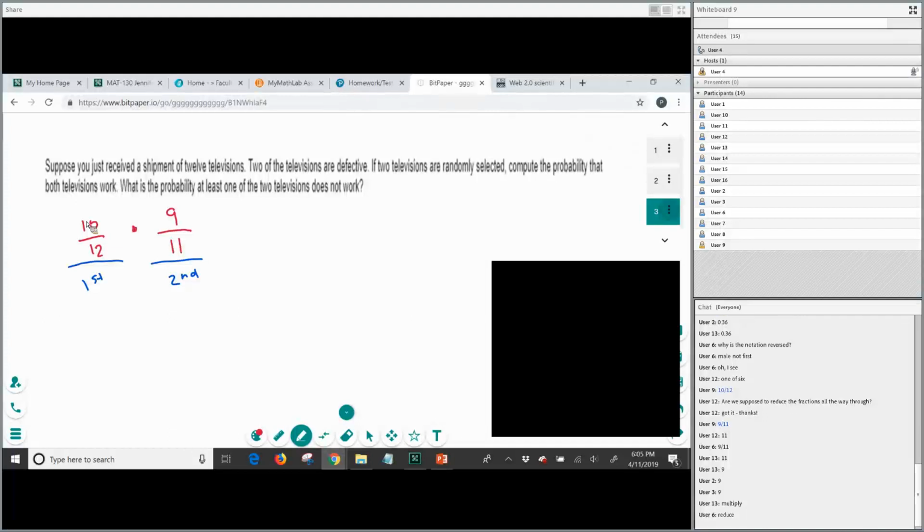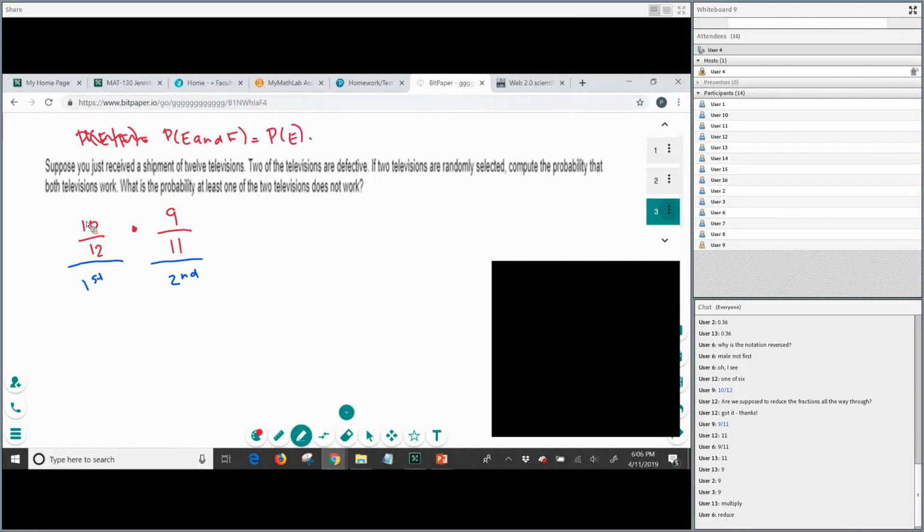Now, what do we do with these two numbers to get our final answer? What did our formula say to do? Yes, we're going to multiply. We will reduce at the end if we need to, but what we have to do here is multiply. Remember, it was probability of E given F is equal to, right?